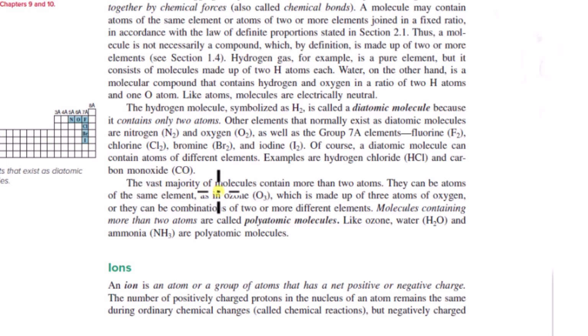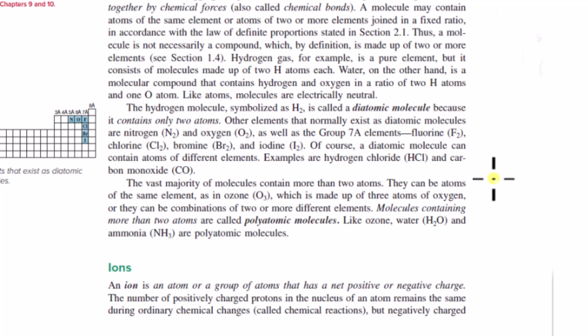The vast majority of molecules contain more than two atoms. They can be atoms of the same element, as in ozone, which is made up of three atoms of oxygen, or they can be combinations of two or more different elements. Molecules containing more than two atoms are called polyatomic molecules. Ozone, water, and ammonia are polyatomic molecules.